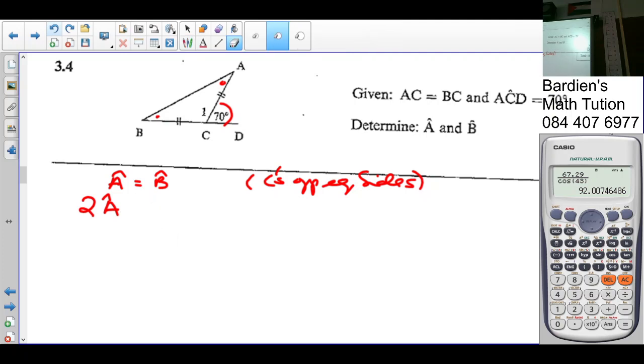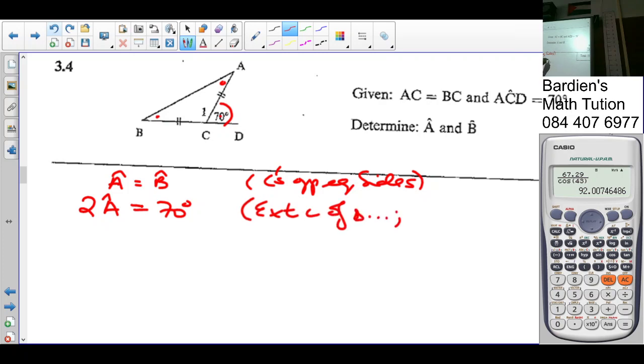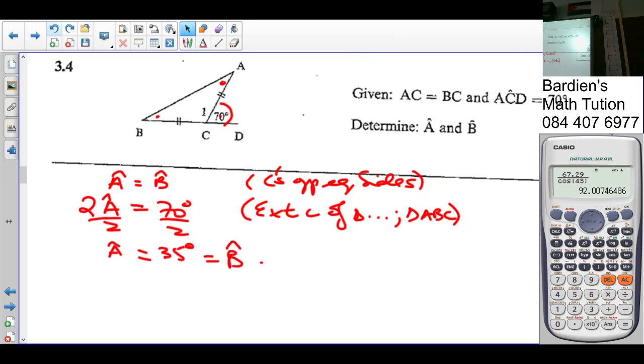So A plus B, or 2A, is equal to 70 degrees. Why? Exterior angle of a triangle equals sum of the two interior opposites, in this triangle ABC. So you divide by 2. So angle A works out to be 35 degrees, which is the same as angle B. Alright, people, you guys understand?